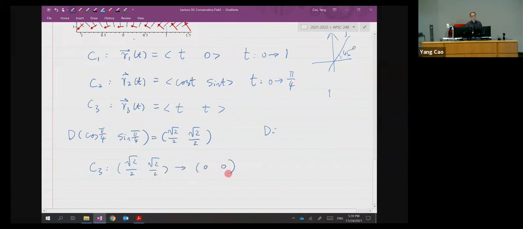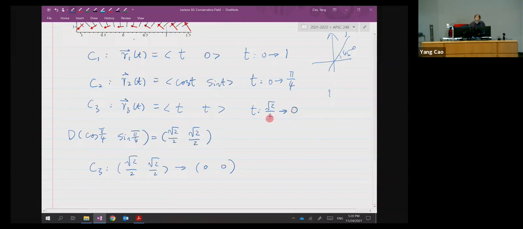Then for the range of the t here, you could use a little bit unconventional range. You can say t goes from root 2 over 2 to 0. Often we say t goes from 0 to 1, a positive change, but it's okay.